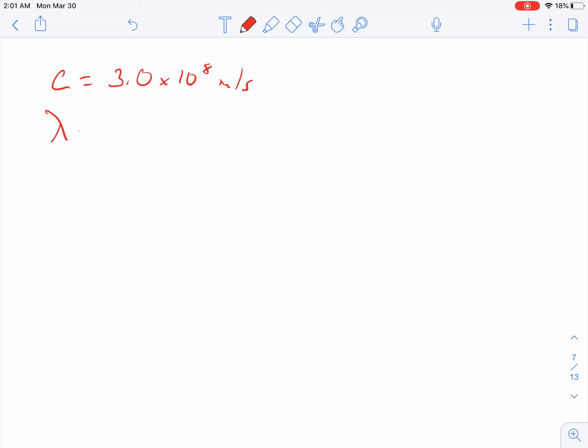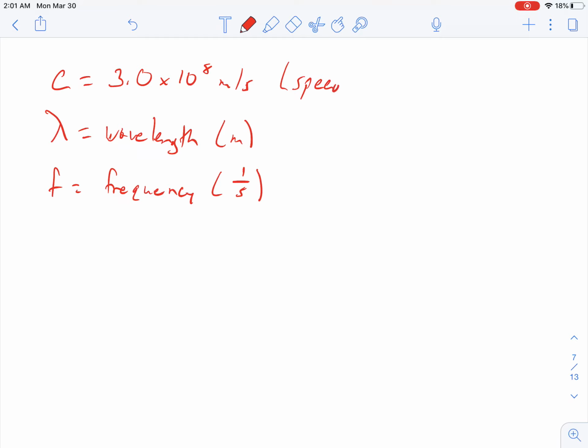Our wavelength, lambda, again, it is going to have the units of meters, and our frequency, f, is going to have the units of 1 over s. And just going back to the top there, that 3 times 10 to the 8th meters per second is what we're going to refer to as our speed of light.